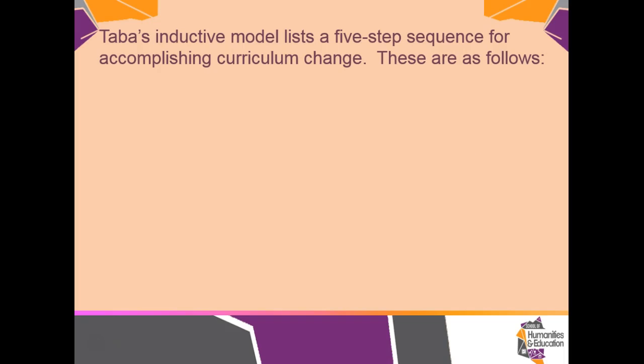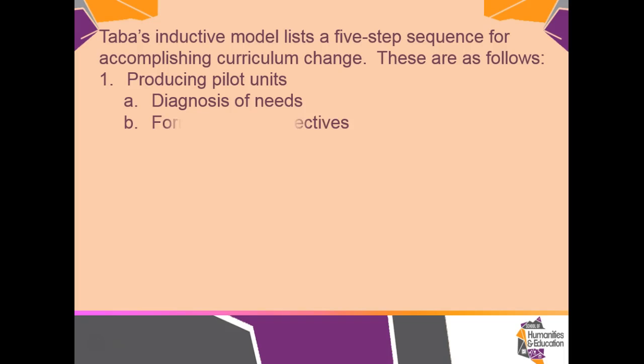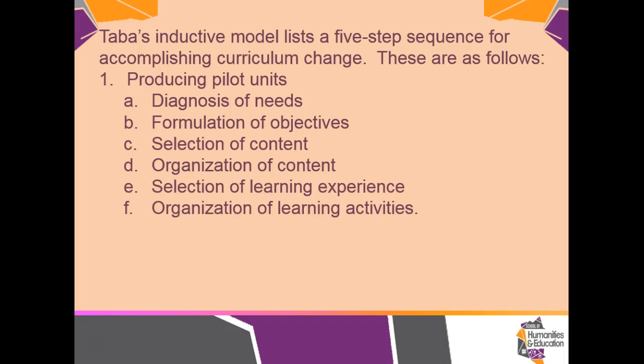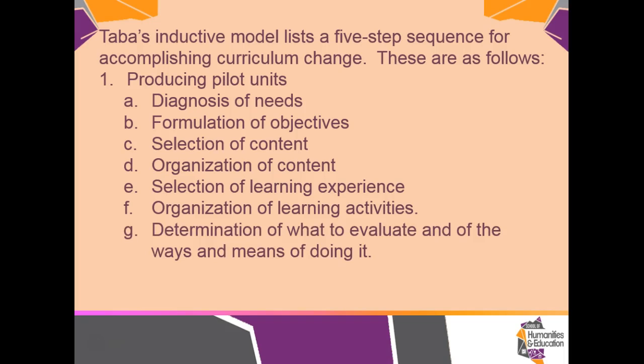TABA's inductive module lists the 5-step sequence for accomplishing curriculum change. These are as follows: producing pilot units, which means that we have to diagnose the needs, formulation of objectives, selection of content, organization of content, selection of learning experiences, organization of learning activities, determination of what to evaluate and of the ways and means of doing it, and checking for balance and sequence.